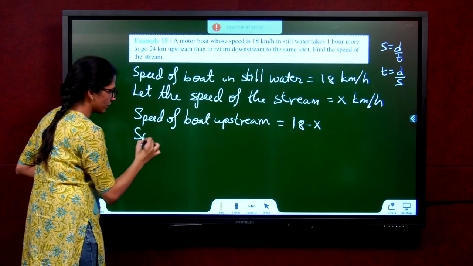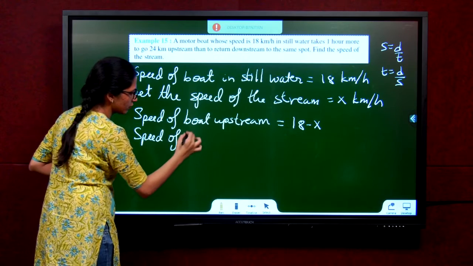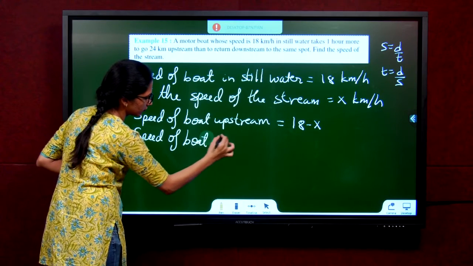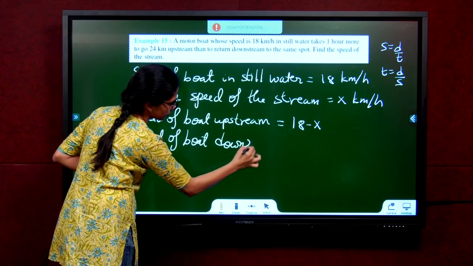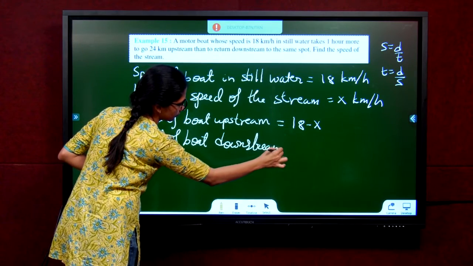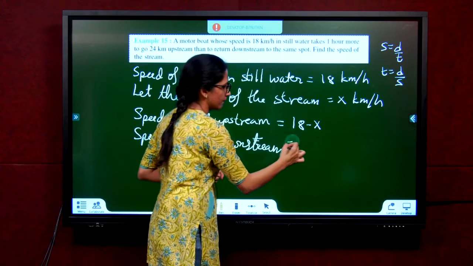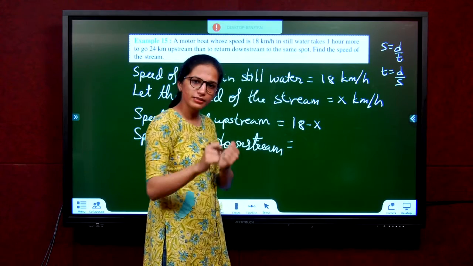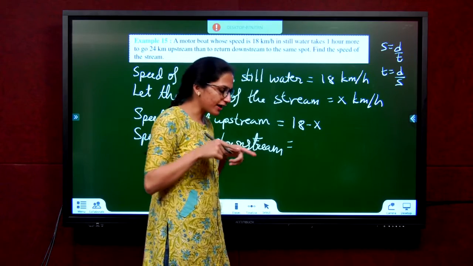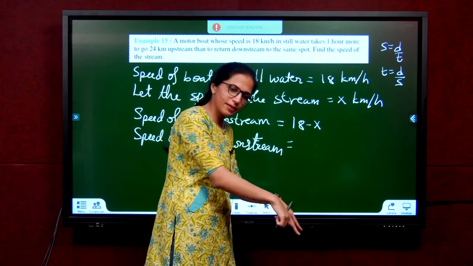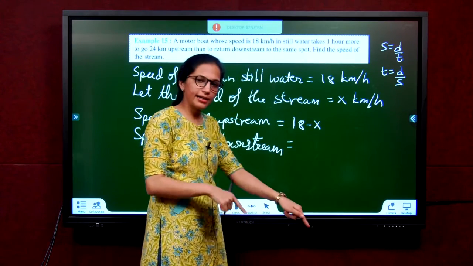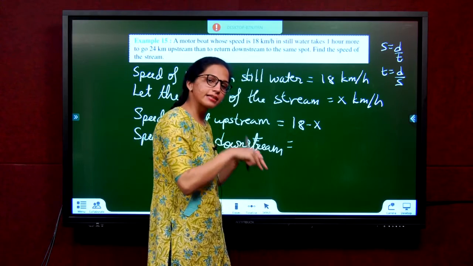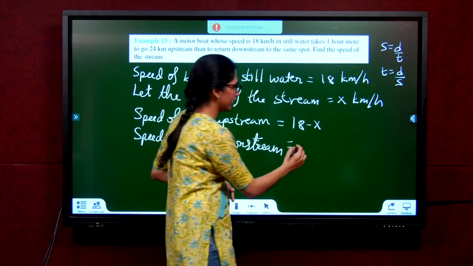What will be the speed of the boat downstream? You are going with 18 km per hour in normal still water. Now if I am going down, water is also coming down. You are going down with 18, water is coming down with x. So it becomes 18 plus x.